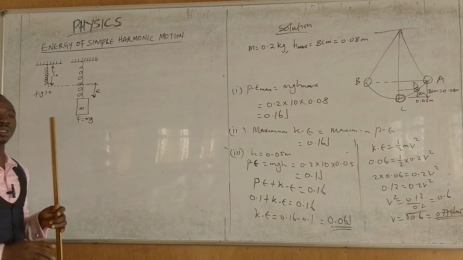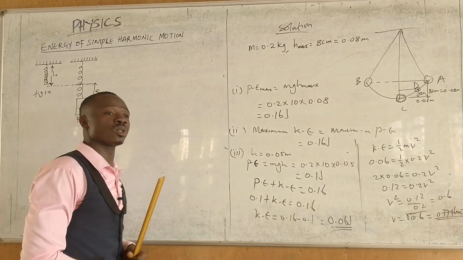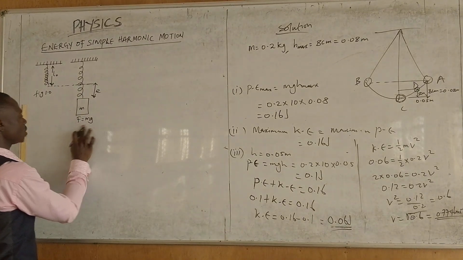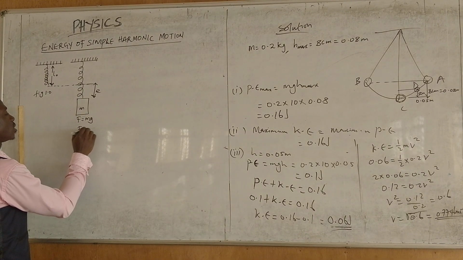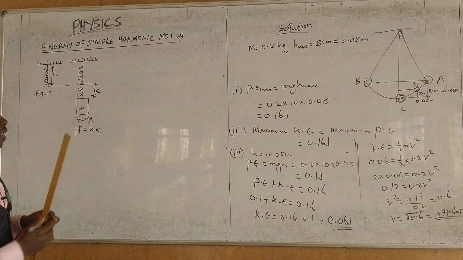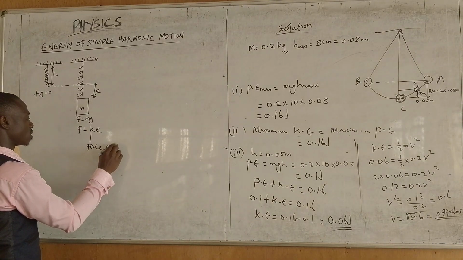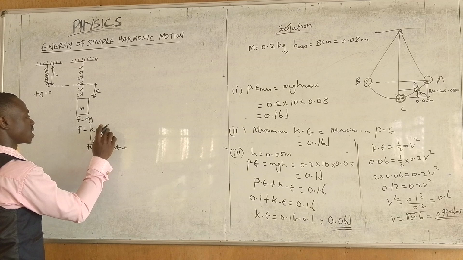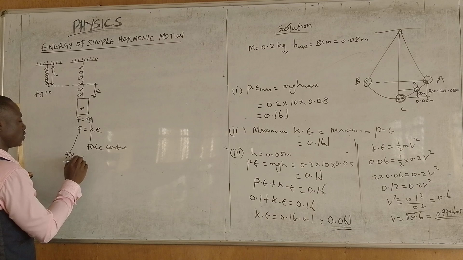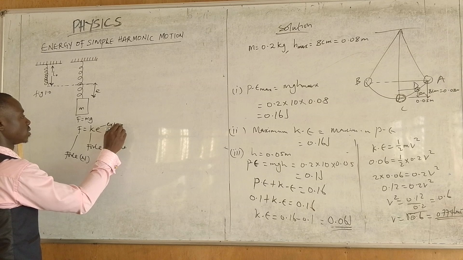There is something called the force constant of an elastic material, for example, of a spiral spring. The force constant is also known as the stiffness. So F equals Ke, where K is the force constant, and e is our extension or compression in meters. F is our force in Newtons.